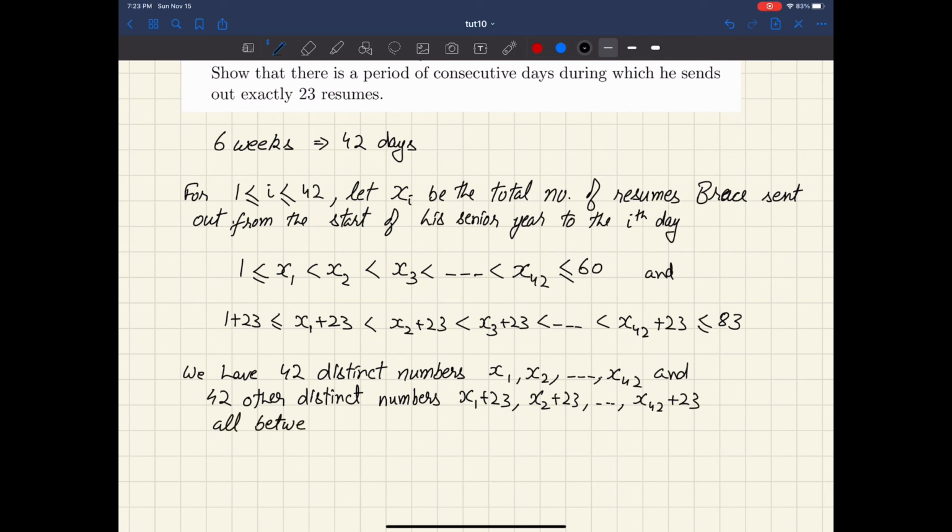And they are all between 1 and 83 inclusive.